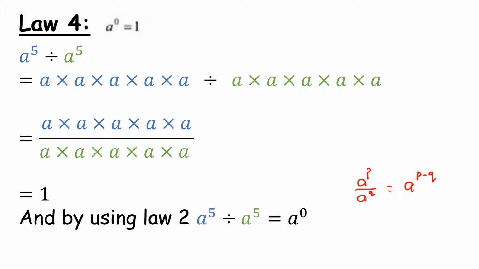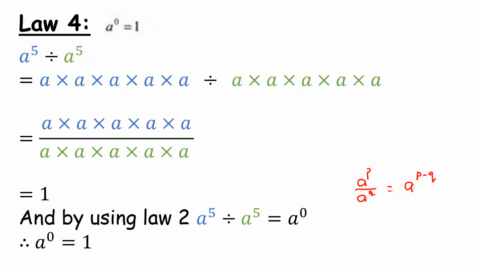So what we're seeing here is, by using what we already know about division, that any number divided by itself is 1, and then by using our laws of indices, and specifically law 2, we get a to the power of 0. We can then conclude that a to the power of 0 equals 1. So we've worked that both ways.